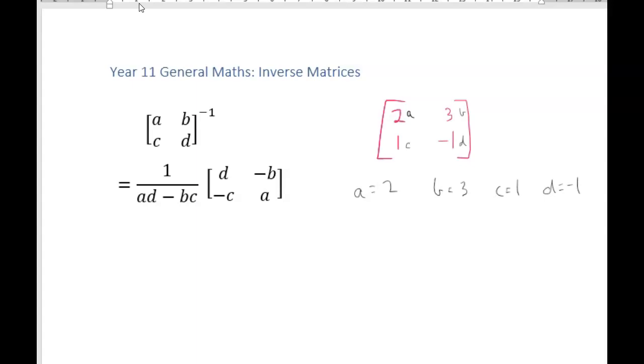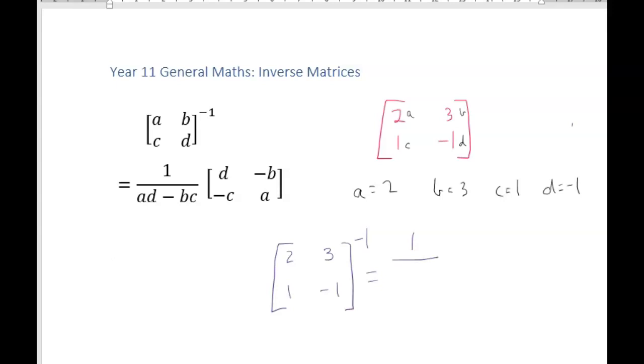So in our formula, and I don't know why I keep choosing different colors, all we need to do is plug in these values. So our inverse, so here's our original matrix, and I'm representing that as an inverse by putting to the power of -1 is equal to 1 over, and now I start plugging things in.